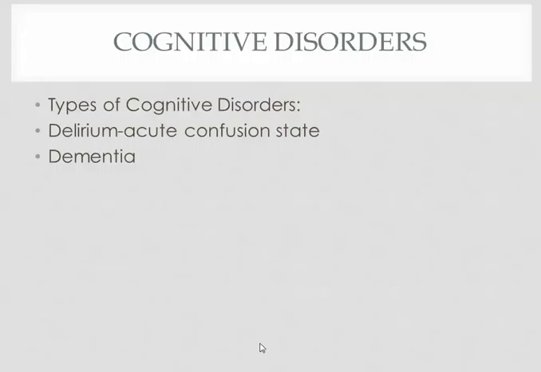There are many types of cognitive disorders. However, this chapter focuses on delirium and dementia. And out of the two, this chapter mainly focuses on dementia. But if we were to take a look at delirium, delirium is an acute confusion state.